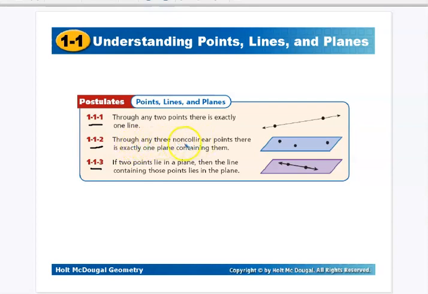If there are 3 non-collinear points, meaning they're not on the same line, there is exactly and only one plane that contains those. 1-3. If 2 points lie in a plane, then the line containing those points also lies in the plane. First 3 postulates.